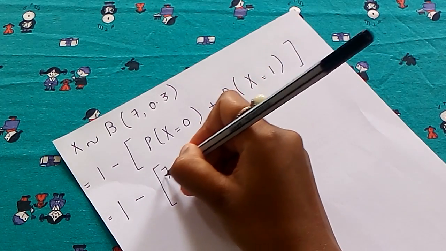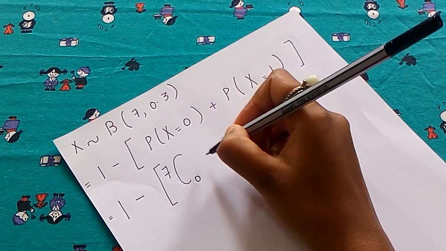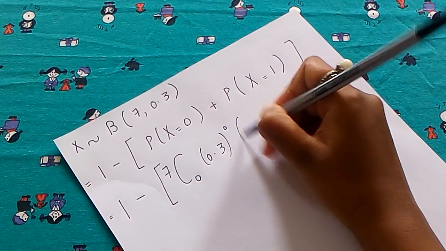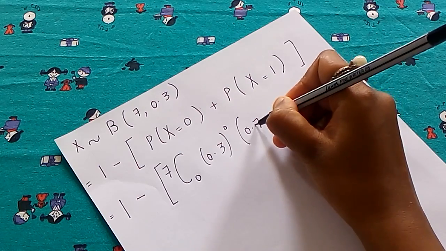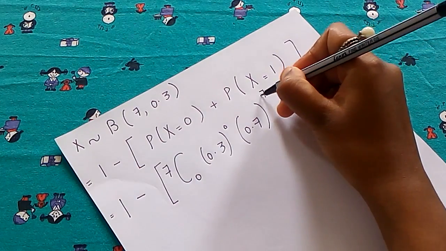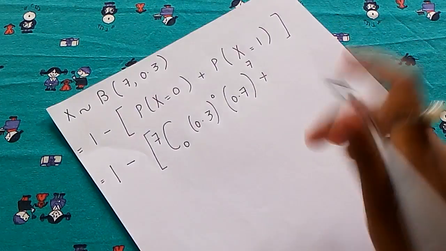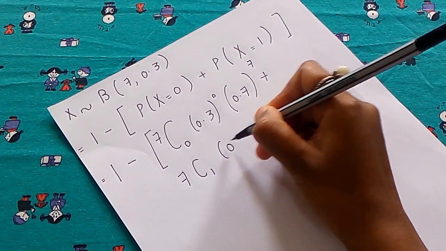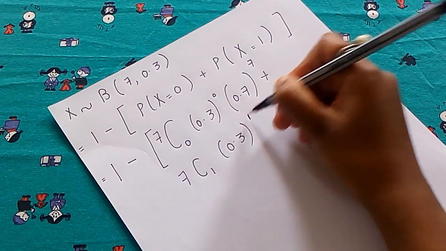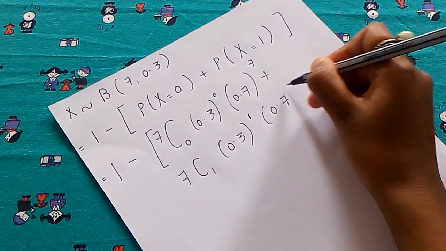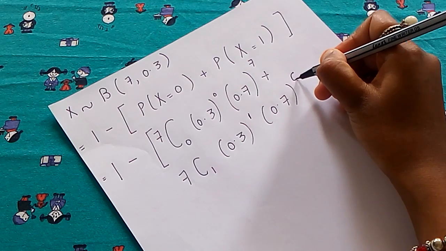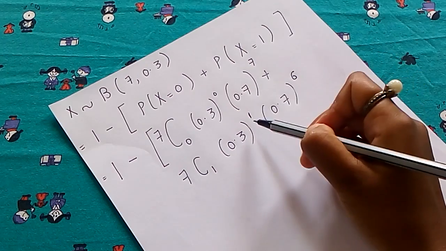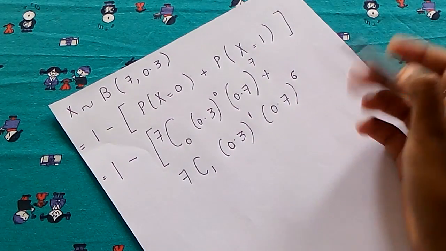It's going to be 7C0, 0.3 to the power 0, 0.7 to the power 7, plus 7C1, 0.3 to the power 1, 0.7 to the power 6. Again 0 plus 7 is 7, 1 plus 6 gives 7.